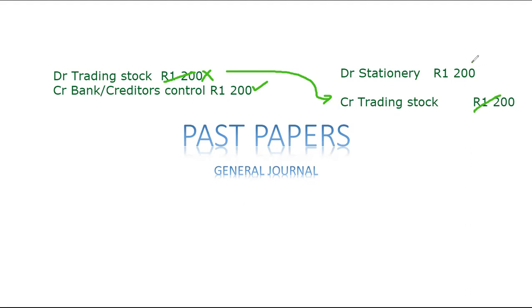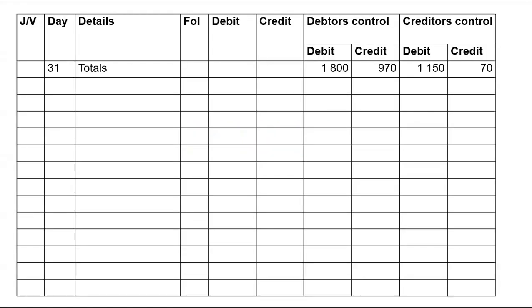So now we debited the correct entry and we credited the correct entry. That's how you correct the error. Debit stationery, 1,200. Then credit trading stock, 1,200. Then you underline.